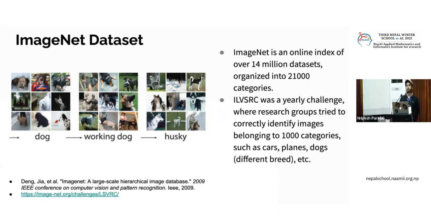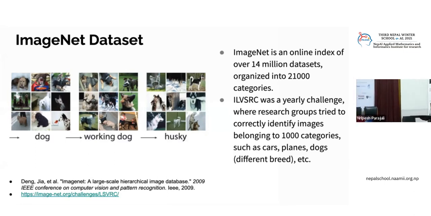But when people talk about ImageNet and models based on ImageNet, they are not referring to this larger data set. They are referring to the problem and the data set for the ILSVRC challenge, something like image, something large scale, I don't remember, but it used to be held every year.